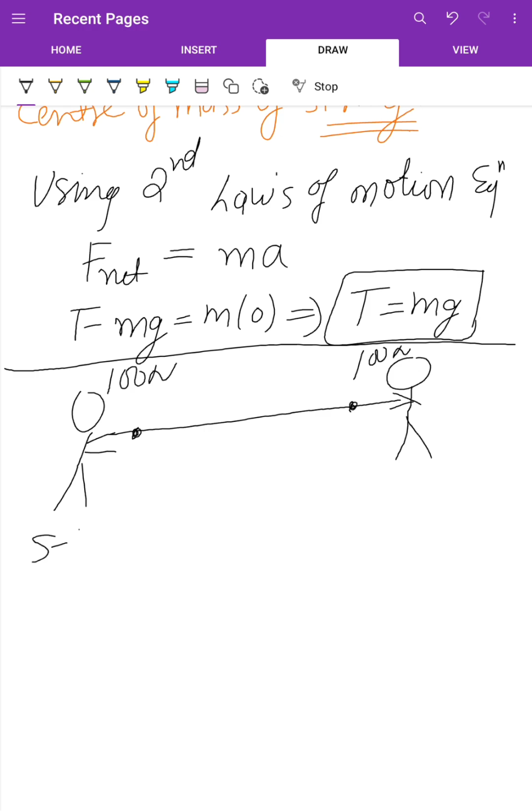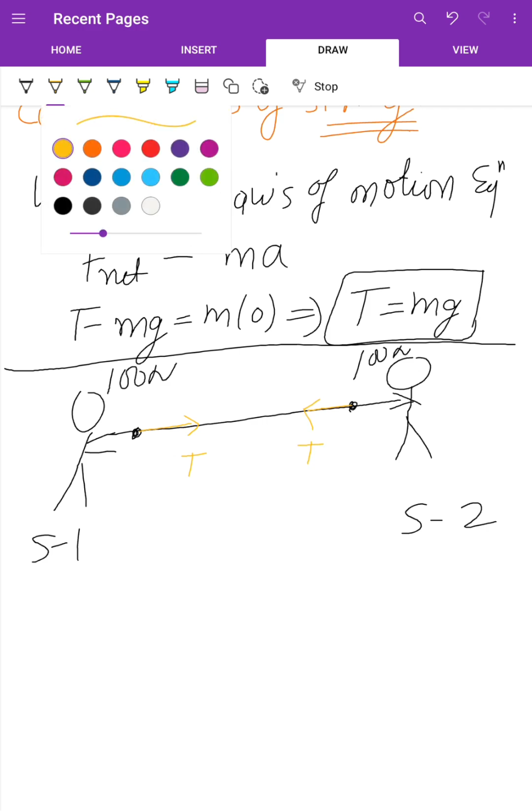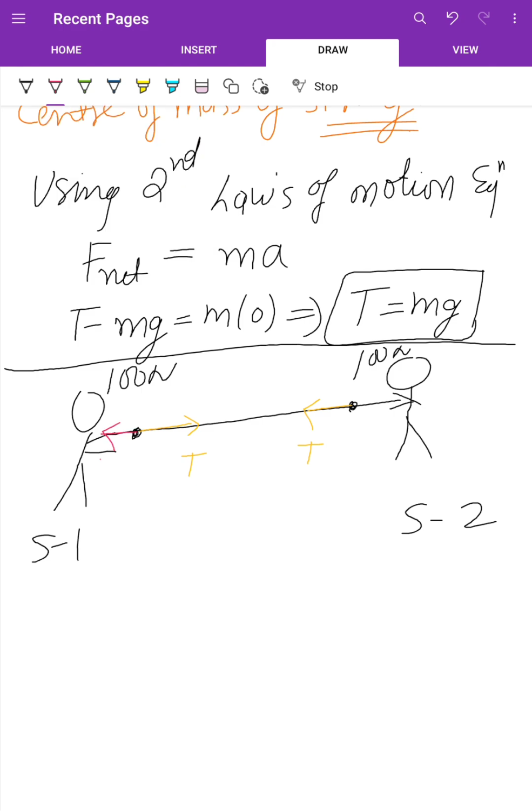Now we will solve for student S1, then you will understand it from the point of view of student S2 as well. So here the tension T develops in this direction, and student S1 is pulling with a force of 100 Newton.